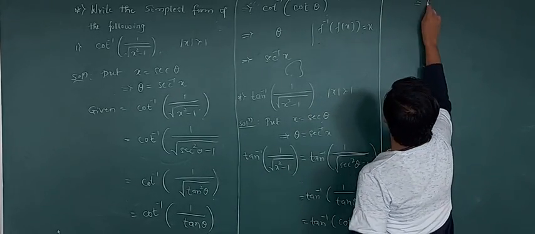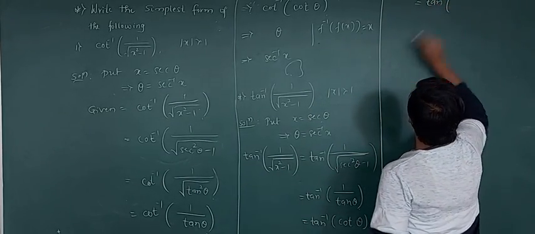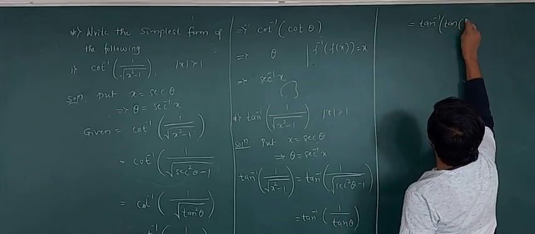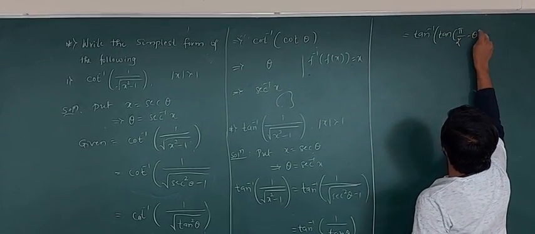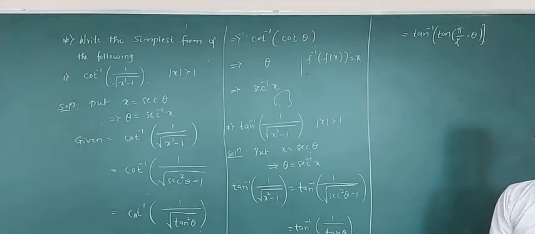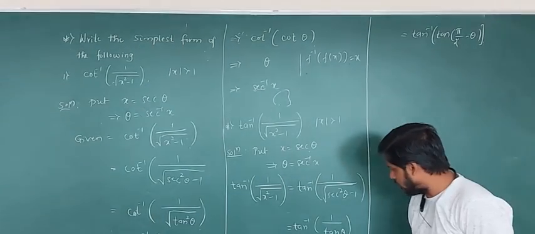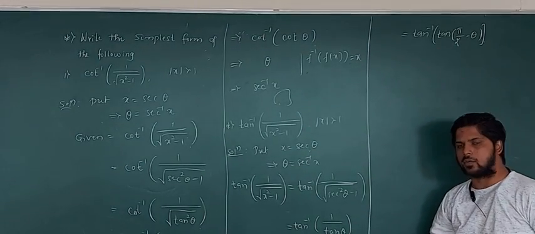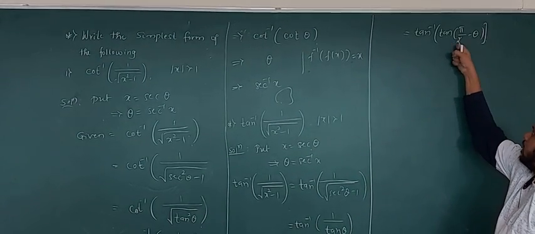So this equals tan inverse of, we know that tan of 90 minus theta, or pi by 2 minus theta, is cot theta. So cot theta can also be written as tan of 90 minus theta.